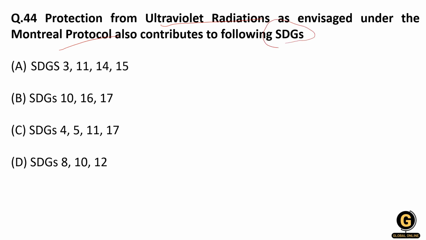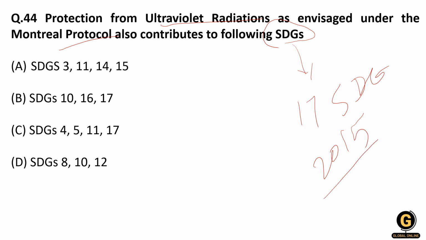A protection of ultraviolet radiation as envisaged under the Montreal Protocol also contributes to the following SDGs. So students, sustainable development goal. So we know there are 17 sustainable development goals, and this sustainable development goal came into force in the year 2015. So of these 17 sustainable development goals, some goals also serve the purpose of the Montreal Protocol.